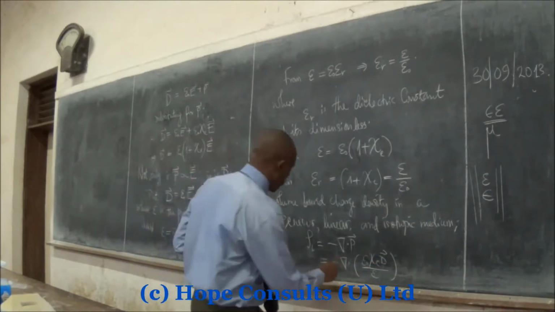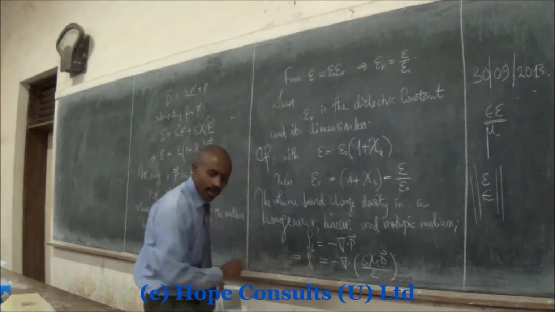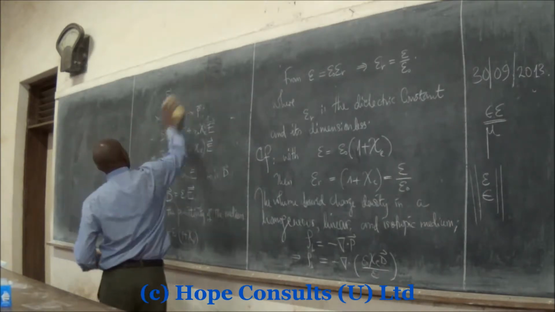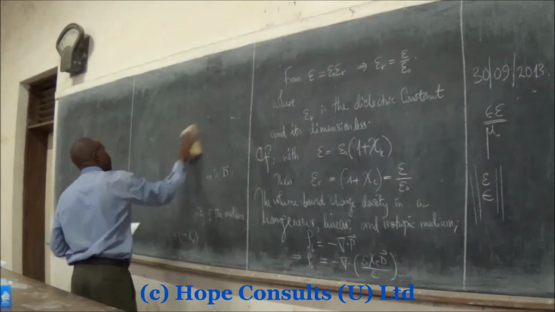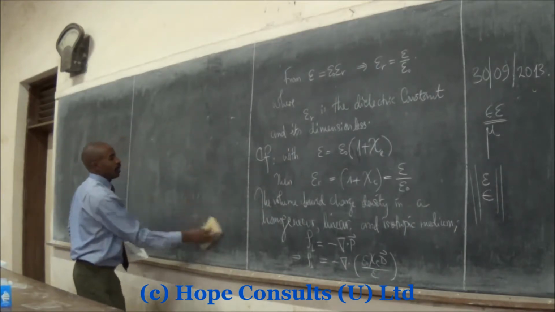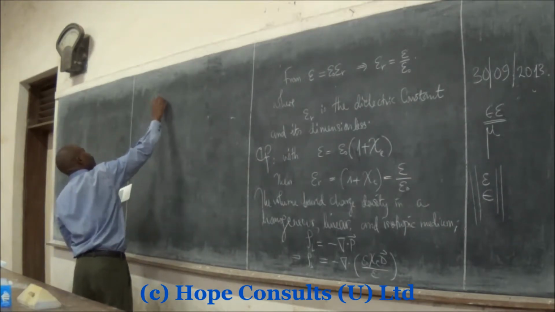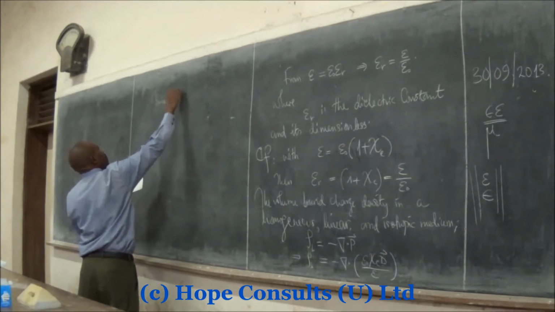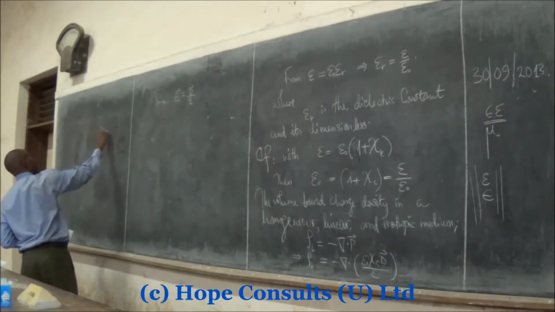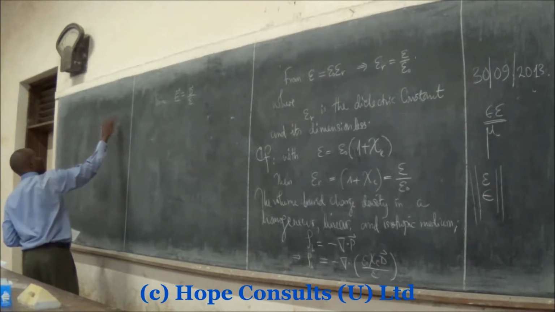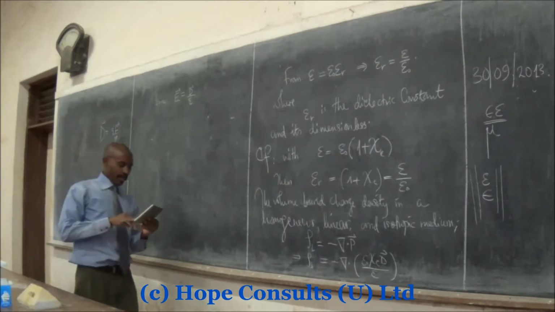Of course, since E is equal to D over epsilon, because we say that D is proportional to the electric field intensity, and we know D is equal to epsilon E, if we make E the subject, then we will get that.